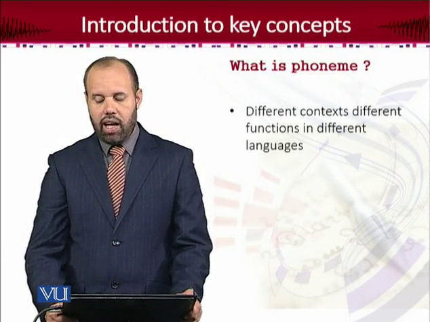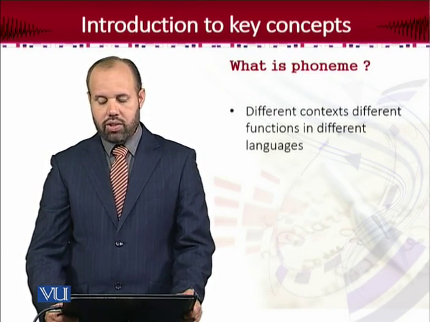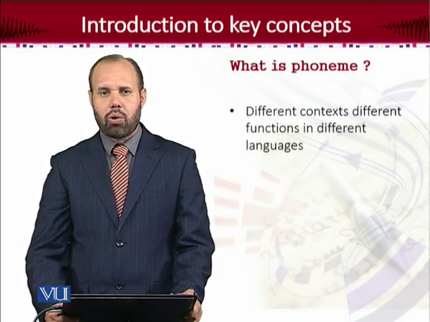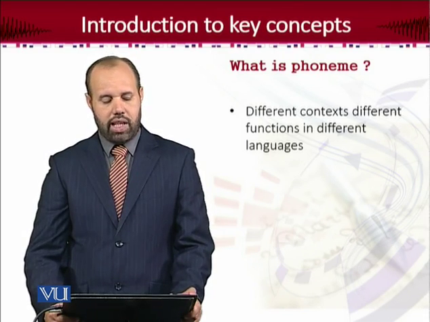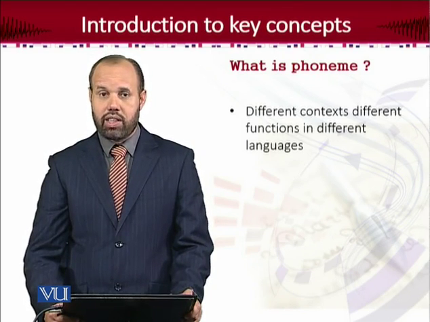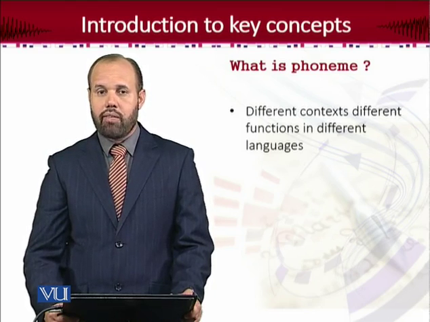Phonemes are different in different contexts, right? And their functions are also different, right? There are various phonemes which have variants, and therefore they are different in different contexts. But then, how is a variant part of a phoneme?